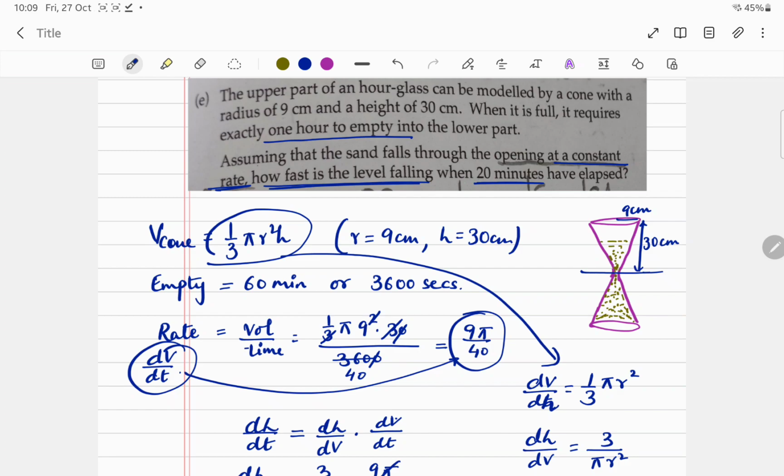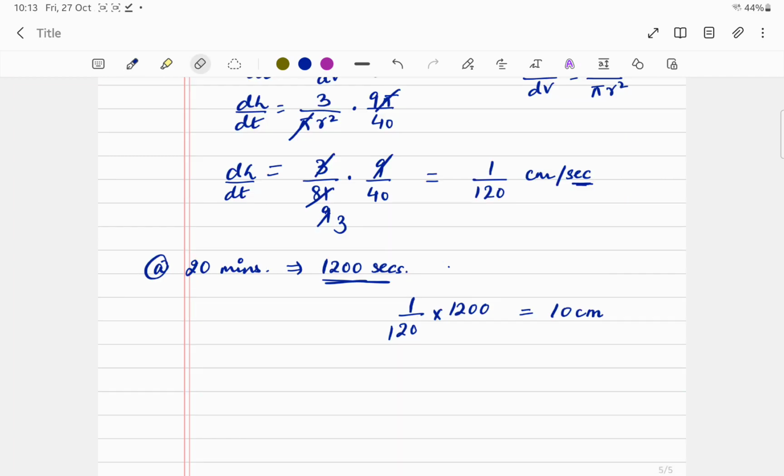So when 20 minutes have passed, the present height is 10 centimeters. Right now I'm just thinking aloud. How fast means how fast it is changing, so change in height over change in time.